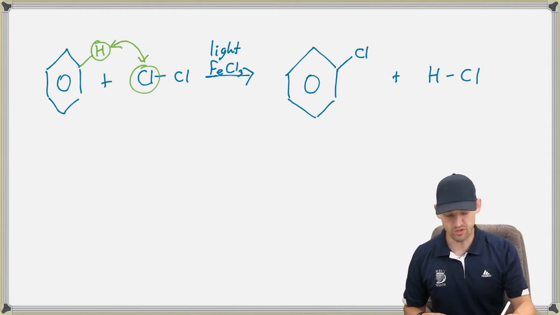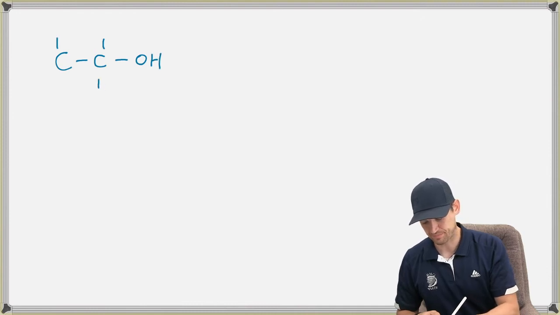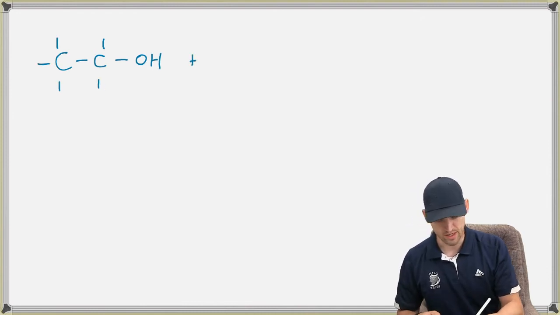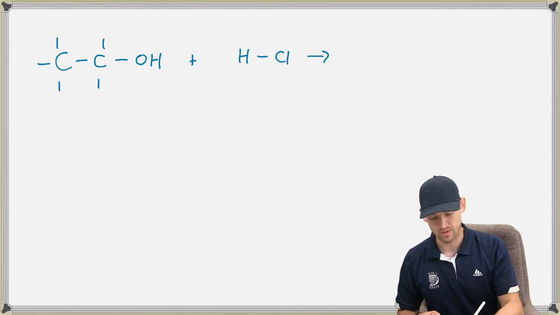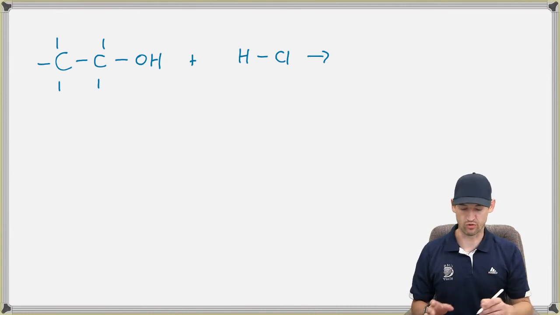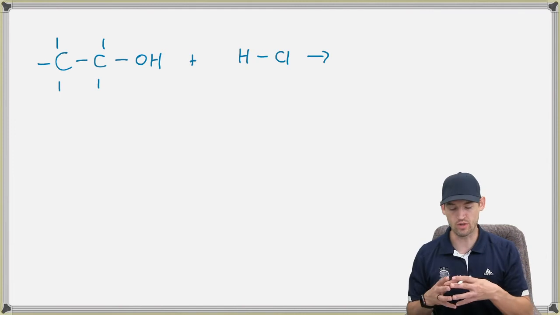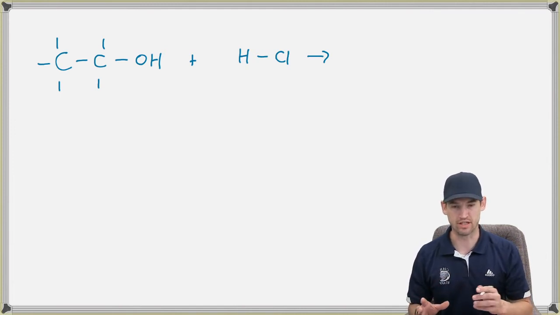This sometimes also happens with alcohols. So let me go back to this. Let's say we have an ethanol like that and an HCl. So in this case, halogens and hydroxyl groups, that OH is the hydroxyl group, for whatever reason, they like each other a lot.